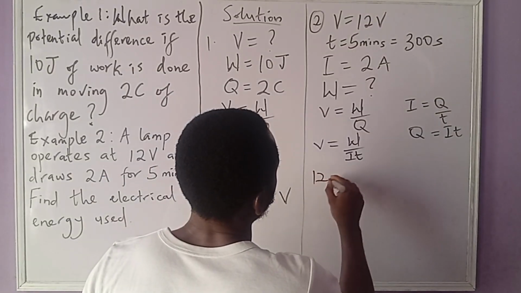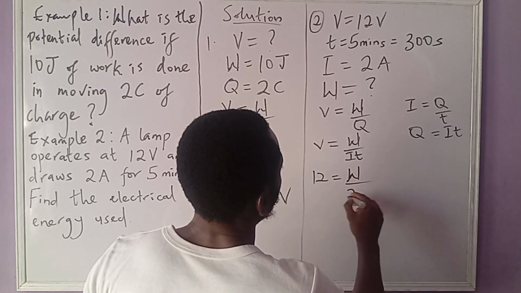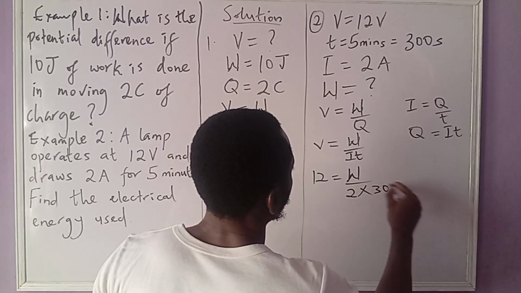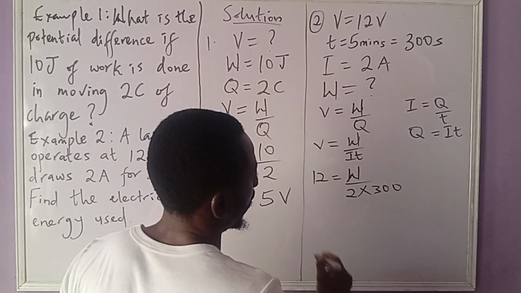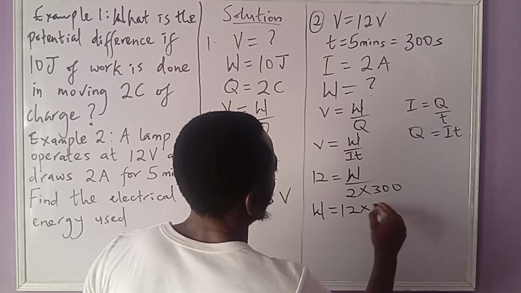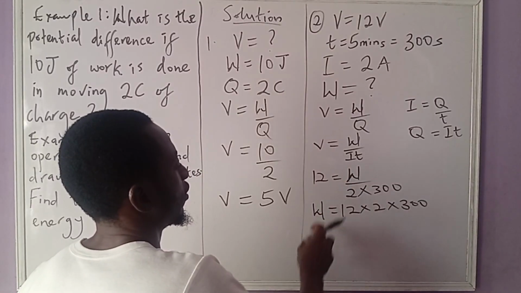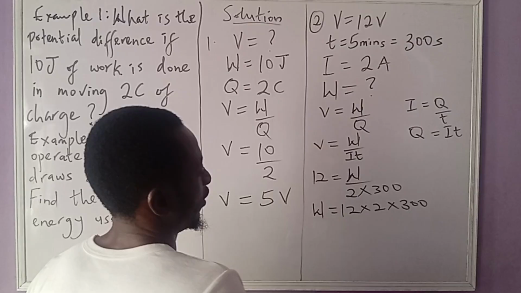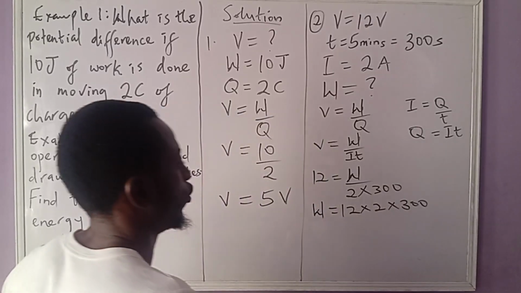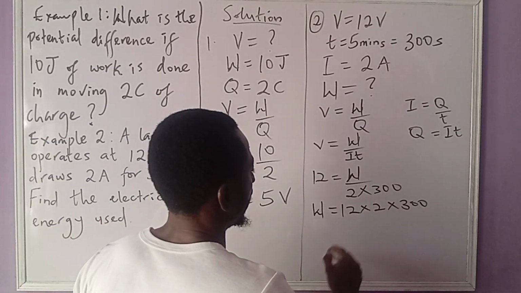Potential difference is 12, the electrical energy is what I'm looking for, current is 2, and time is 300. Therefore, at this point, I have the electrical energy is equal to 12 multiplied by 2 multiplied by 300. I've already made my electrical energy the subject of the formula. So I just have to say 12 multiplied by 2, that's 24. 24 multiplied by 3, that should be 72.